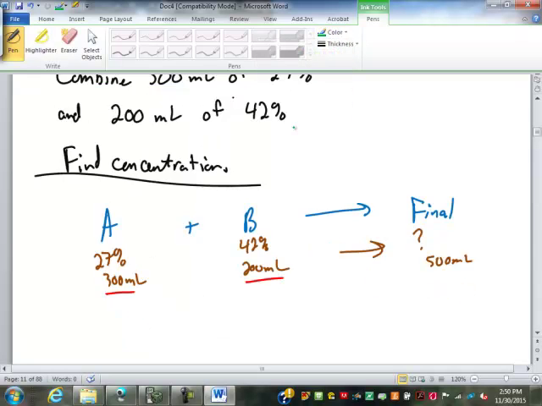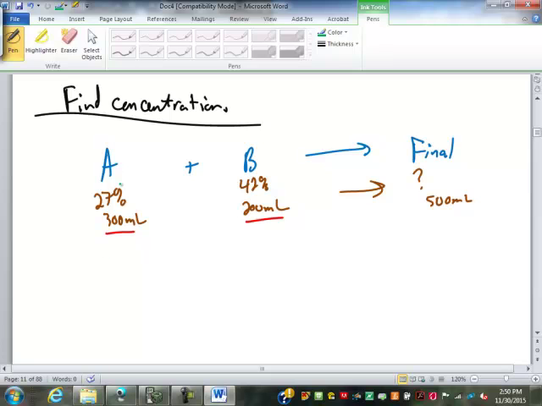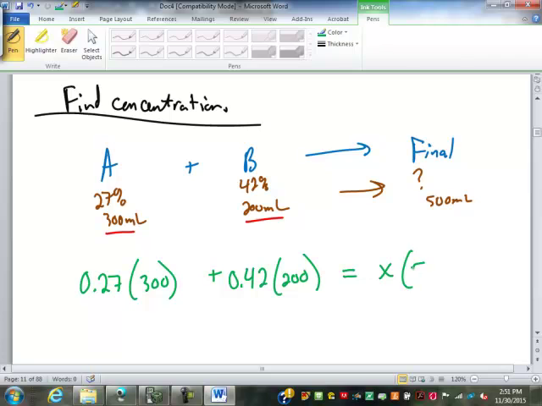So to write out my formula here, the amount of substance in this first one is 0.27 times 300 milliliters. How about for the second substance? 0.42 times 200 equals, this will be x times 500.